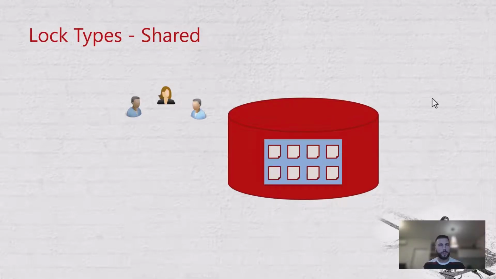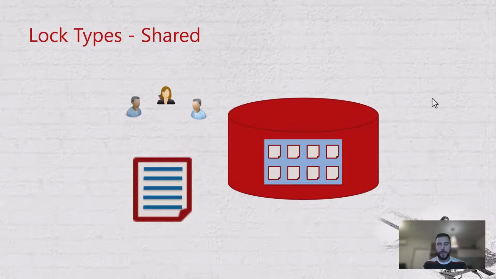How is locking working? First, there are several types of locks, and first and the most common is the shared lock. When SQL Server reads the data, it puts a shared lock on the row. If another process wants to read the data, it also puts a shared lock on the same row. They can read the data simultaneously without blocking each other.